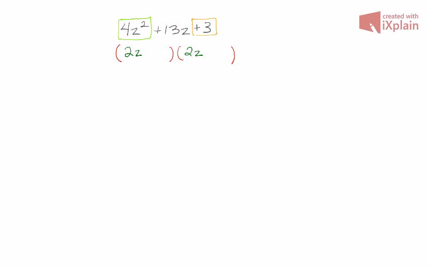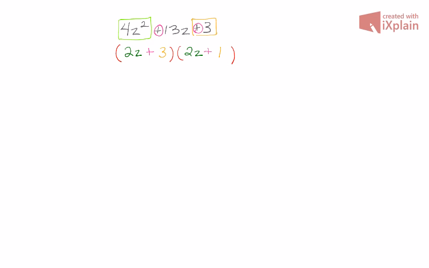Now, notice for our last term, it's positive, and when we do our foiling, when we check, we want to get a positive value out as well. So that should indicate to you that the factors in your last terms in each of your binomials will also be positive. And in this case, if we try to break apart a 3, we only have one way of doing that. That would be 3 and 1.